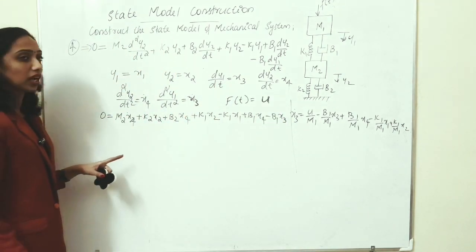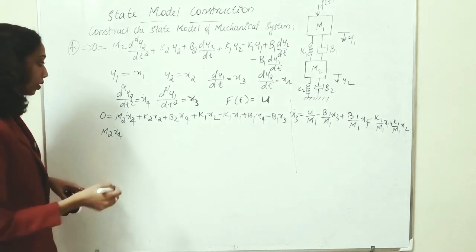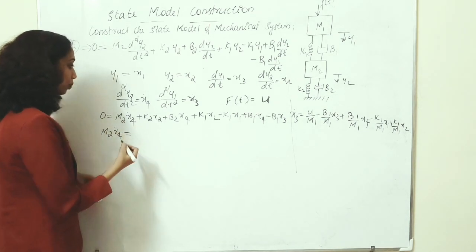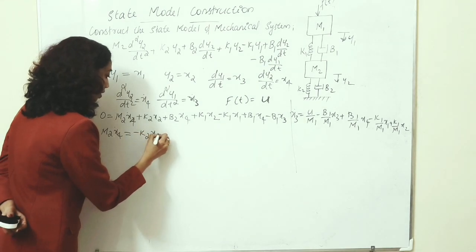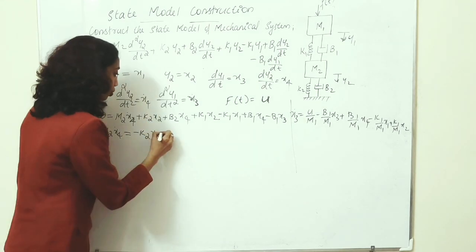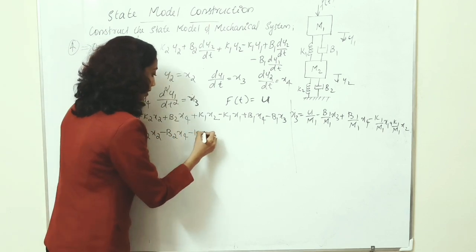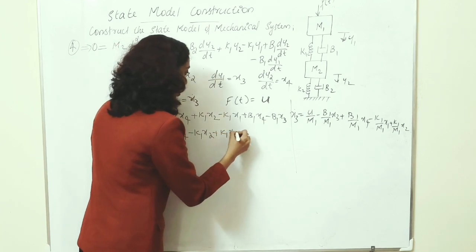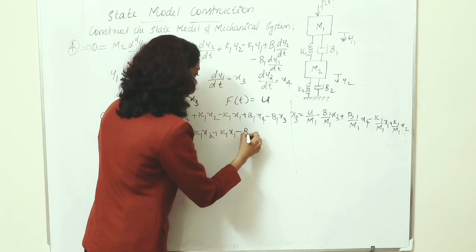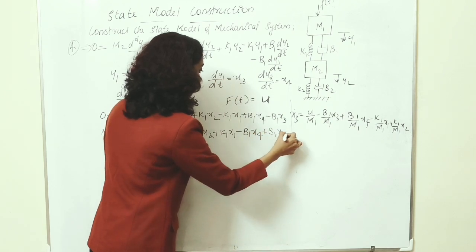In this equation, we have to take out the term m2 x4 dot, which is equal to, then again all these tend to negative: minus k2 x2 minus b2 x4 minus k1 x2 plus k1 x1 minus b1 x4 plus b1 x3.